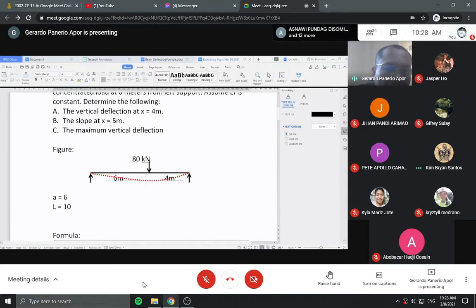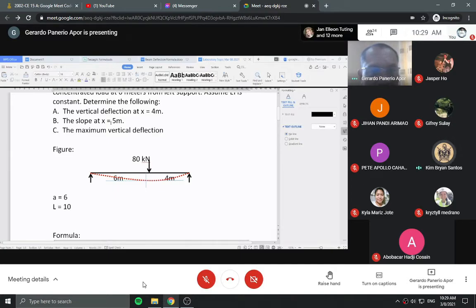Because the slope means the slope of the tangent line at x equals 5 meters. And we know the slope as dy dx, meaning it's dy over dx. That's the slope. And the formulas in theory of structures still follow the mathematical formulas like calculus, because we are talking about deflection and slope, y and theta. Dy dx is the slope.